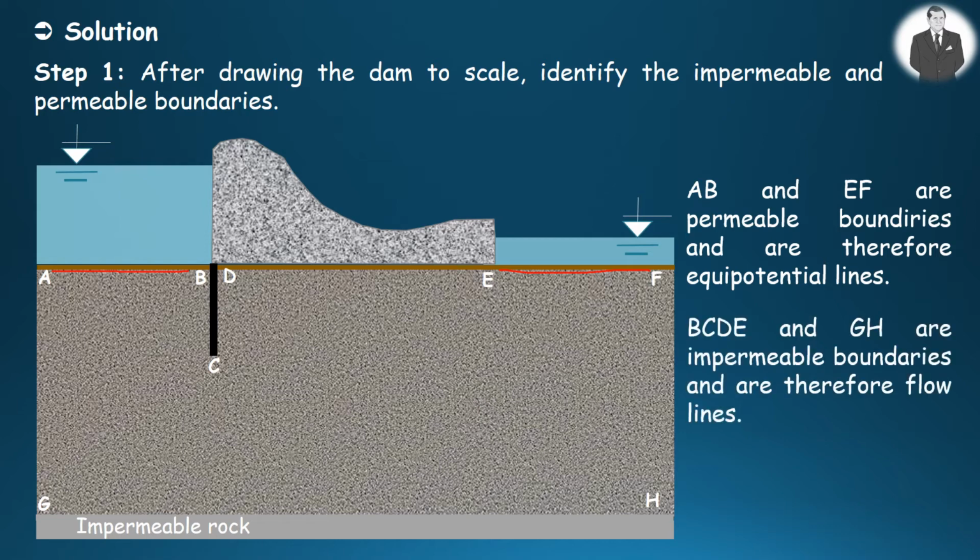On the other hand, BCD, which are the surfaces of the sheet pile wall, DE, which is the base of the concrete dam, and GH, which is the surface of the rock layer, are all impermeable boundaries because water cannot penetrate them. So they are flow lines.